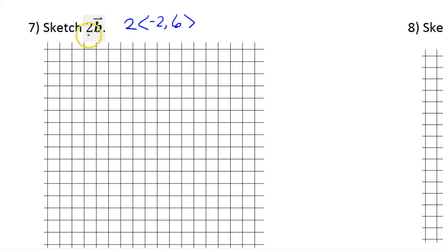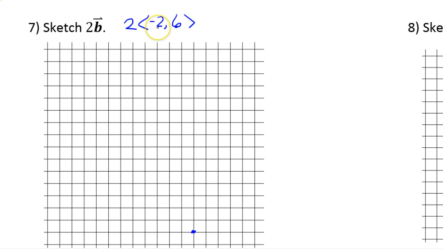For number 7, we are to sketch vector 2b. We can start anywhere, so I'm just going to pick this spot for my initial point. Just kidding, I'm going to pick this spot for my initial point. So I'm going to graph a single vector b, and then I'll graph another vector b, and then I will have 2b.